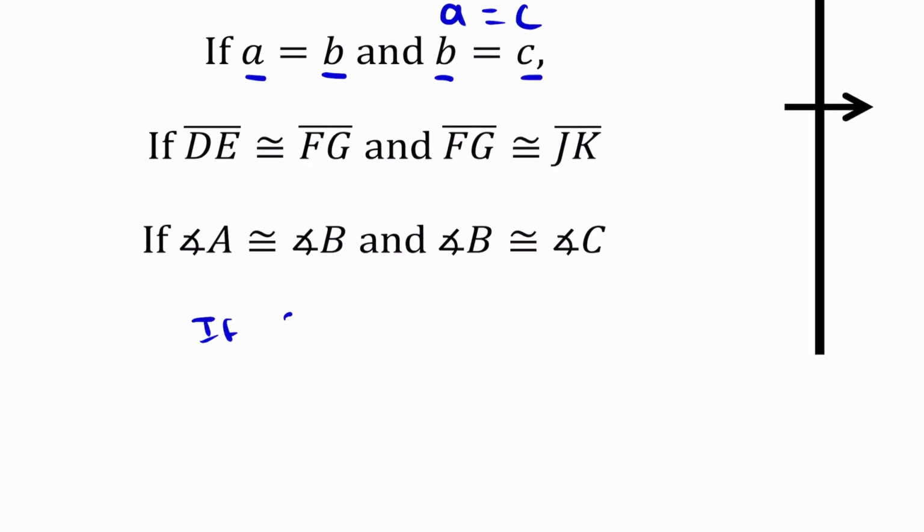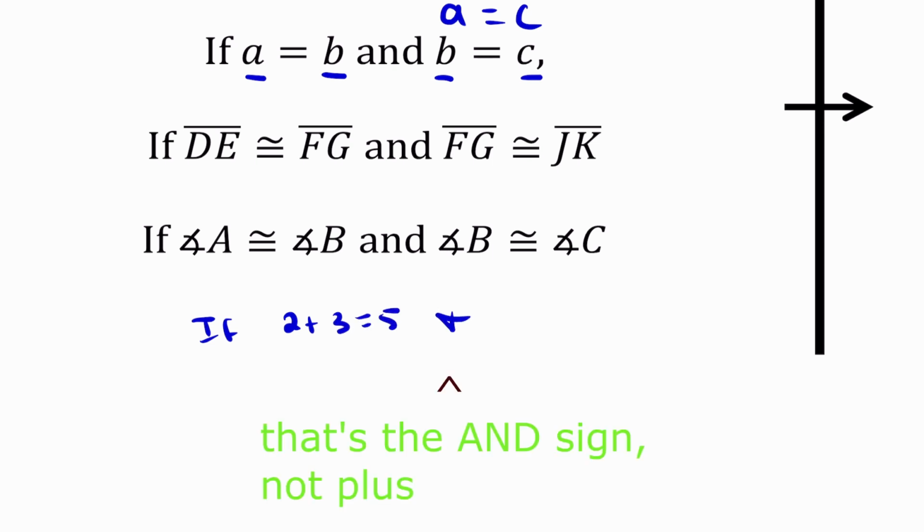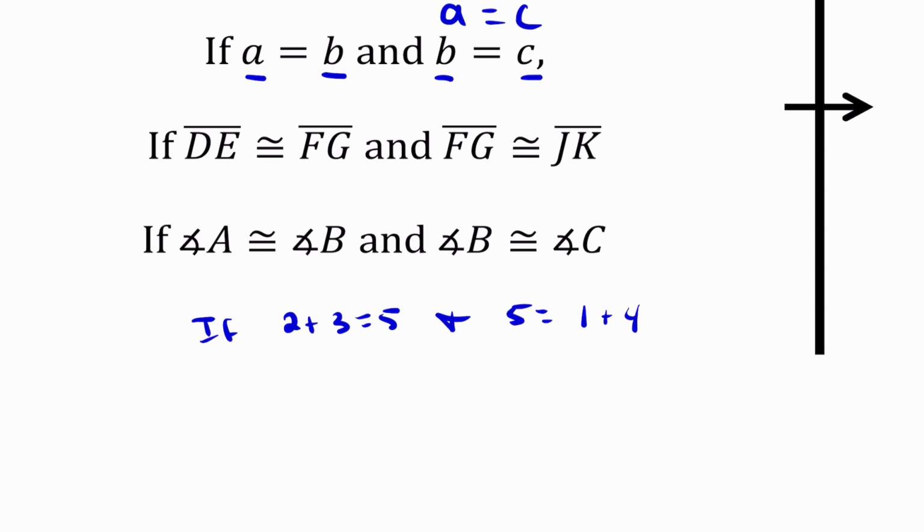If 2 plus 3 is equal to 5, and 5 is equal to 1 plus 4, well, I don't need this anymore, because 2 plus 3 is equal to 1 plus 4, which is true. This is 5 and that is 5, right?